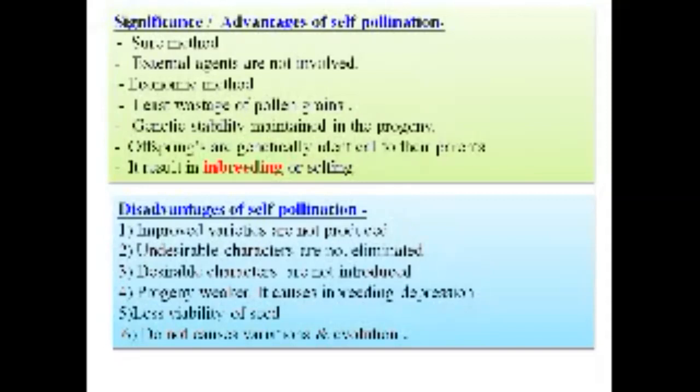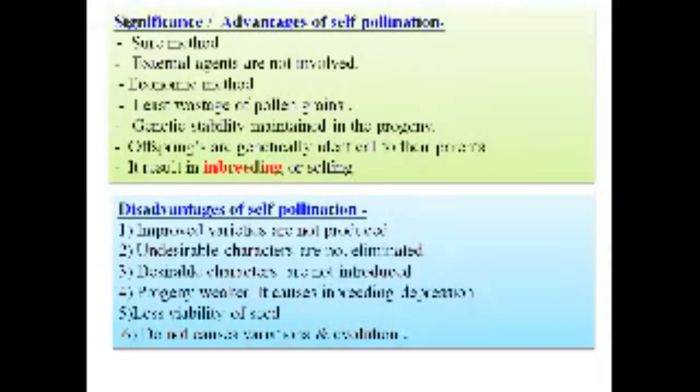See, first one, improved varieties are not produced in self-pollination. Undesirable characters are not eliminated. Undesirable characters means those characters that are not very important, or these characters may be morphological characters of a plant.